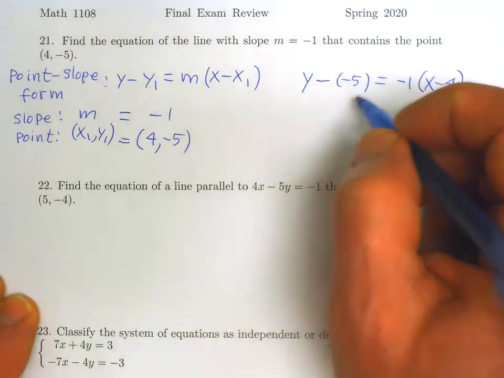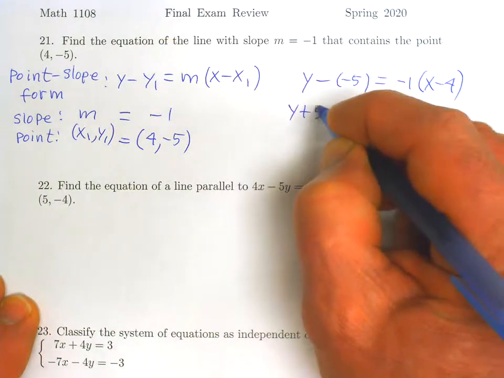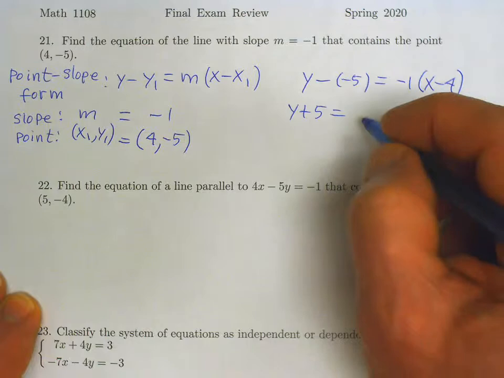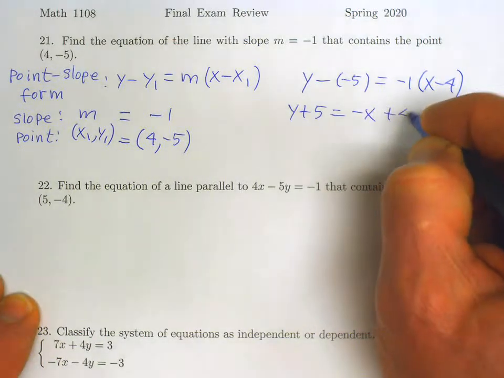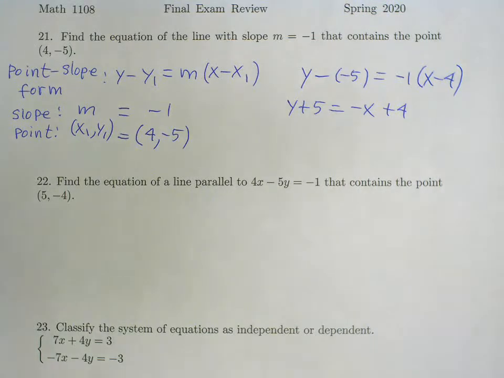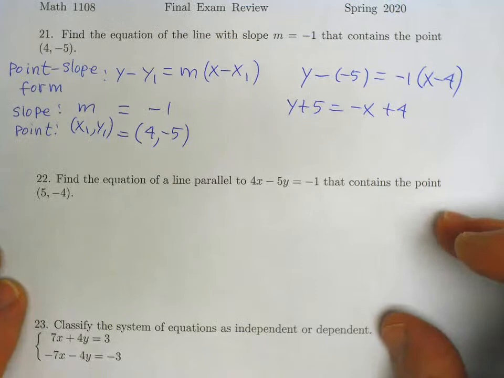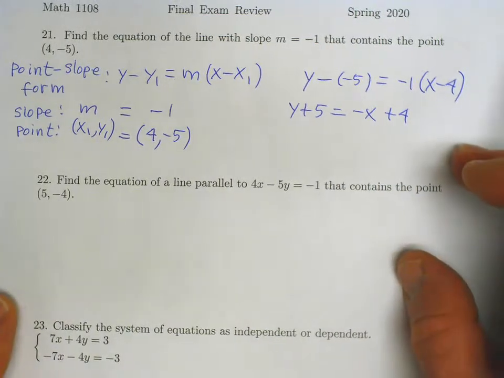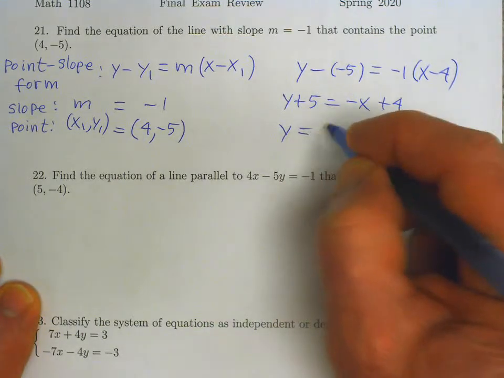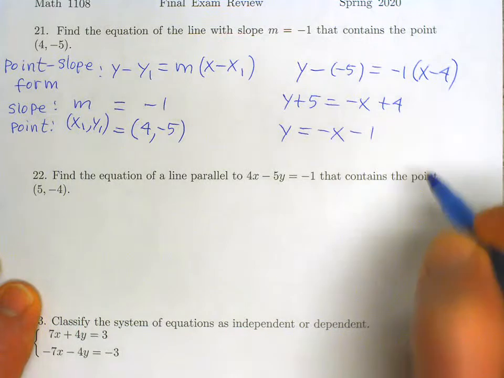Y minus -5 is y plus 5. And -1 times the binomial x minus 4 is -x plus 4. And then just do whatever the directions say to do. If they want the equation in slope-intercept form, then you can subtract 5 from both sides, so y equals -x minus 1.